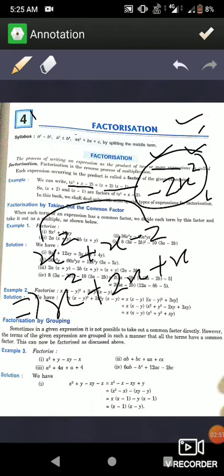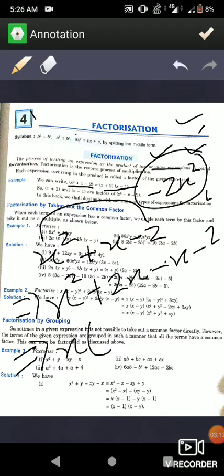Now this is plus 1 and this one is the minus. Why? Because the middle term is positive, so when the smaller one is subtracted from the bigger one, we get the positive. So this one is minus 2.